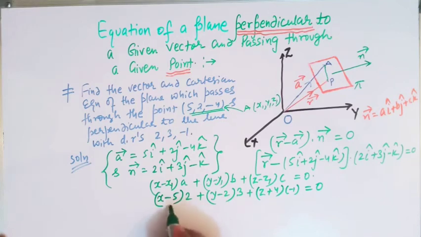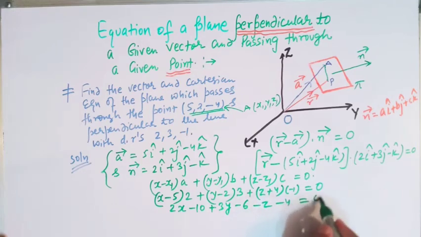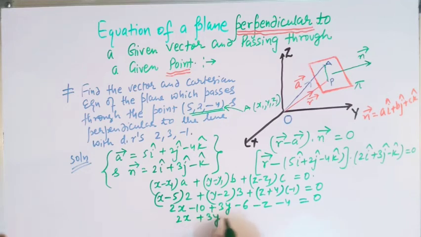Now if we simplify it, we have 2x minus 10 plus 3y minus 6 minus z minus 4 equal to 0. So this is 2x plus 3y minus z minus 20 equal to 0. So this is the Cartesian equation.